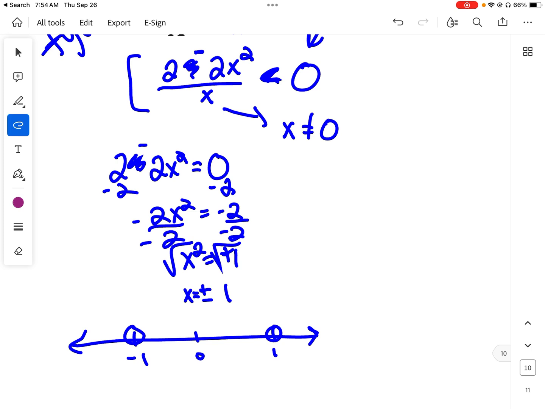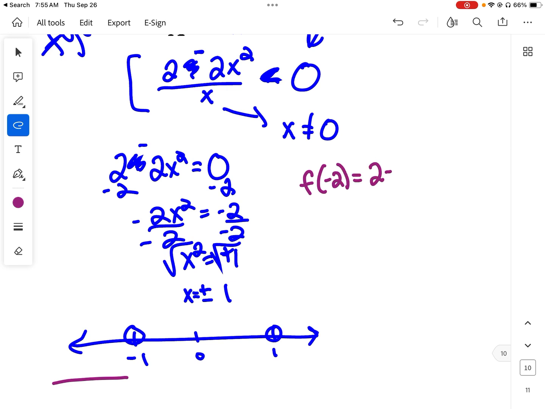Okay, so let's see what we want to test. We were going to use this one, the 2 minus 2x squared over x. So I want to try something out here first to see what that would be. So let's do f of -2.